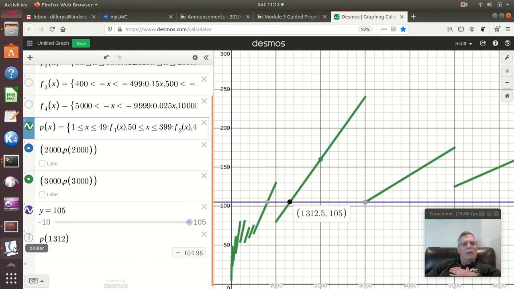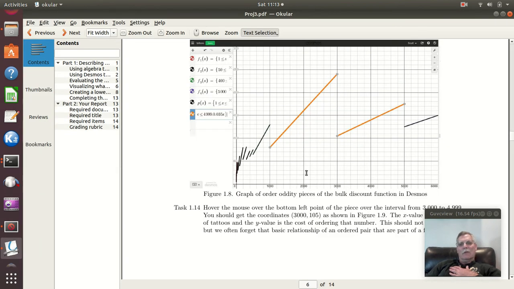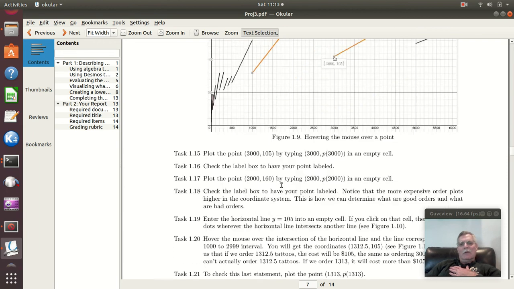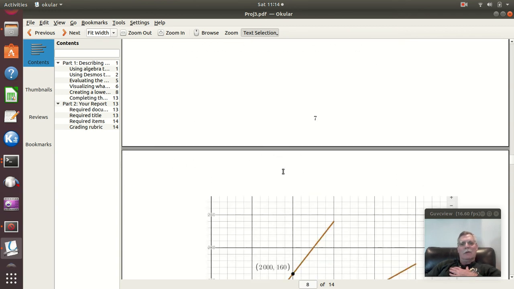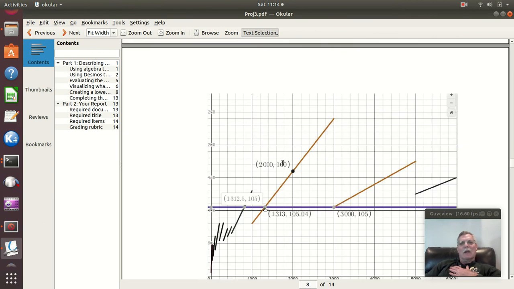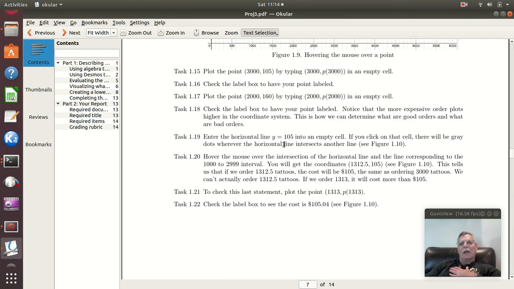And just to go back here, here's the picture and here's where we're doing all that stuff. There's the 1312.5, and so if we order 1313, that's too much. That was 105, and so in this stuff here, it didn't even actually talk about the 1312.